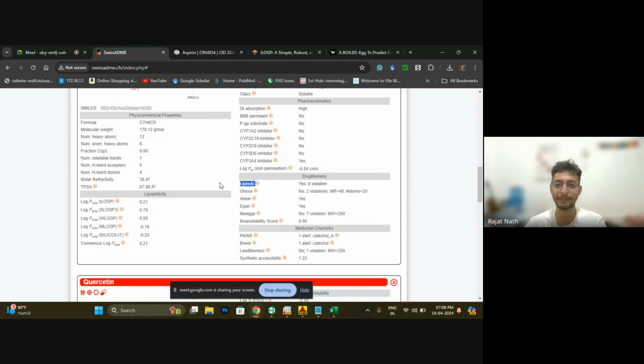So this is the Lipinski rule, and it is showing 0 violation of Lipinski rule of 5. That means our compound is following the Lipinski rule of 5.